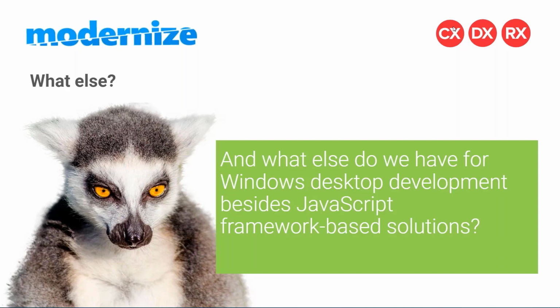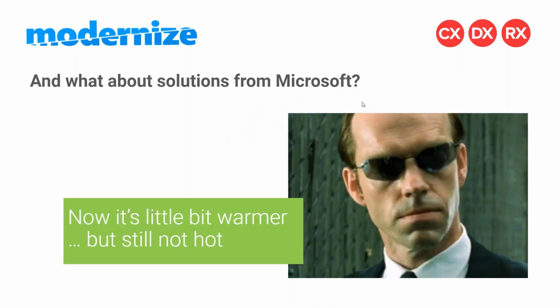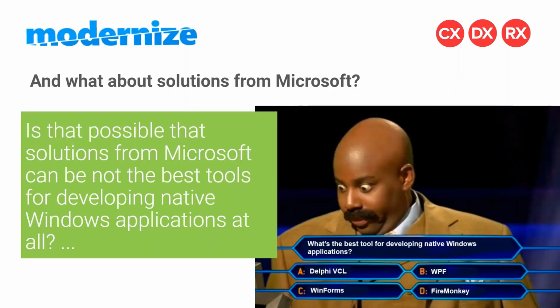Here we discussed JavaScript-based tools, and what else do we have for Windows desktop development besides JavaScript? We will talk very briefly about this. Let's start with what we have from Microsoft, and it's a really interesting question.